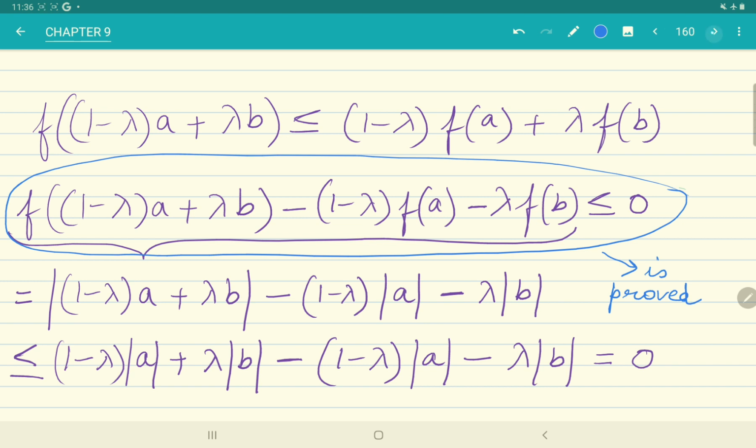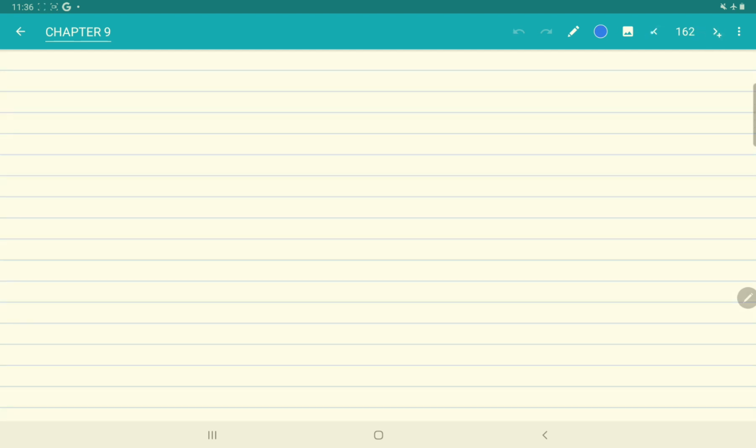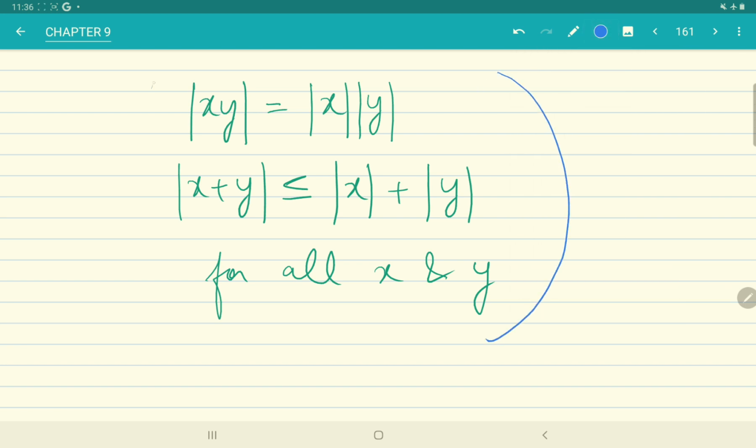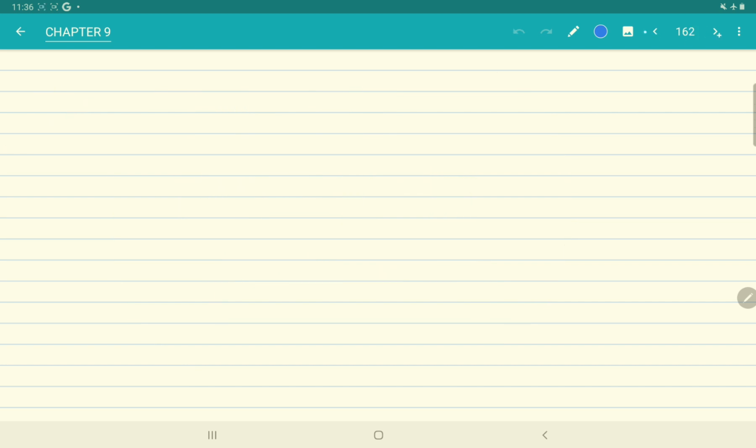So this was just an aside, and therefore I can write, thus f of x is equal to mod x is convex.